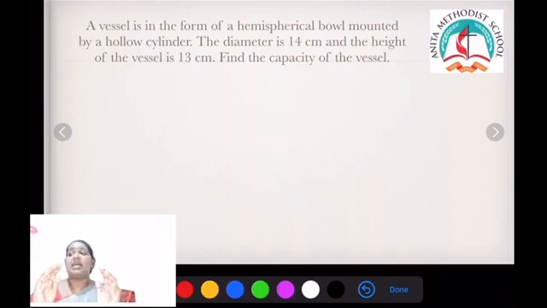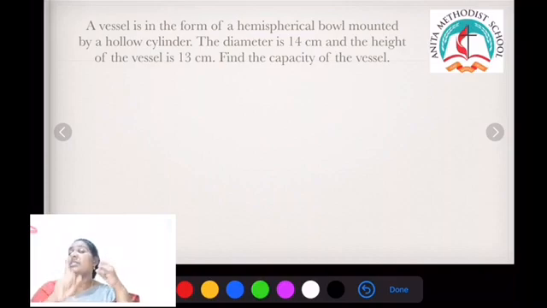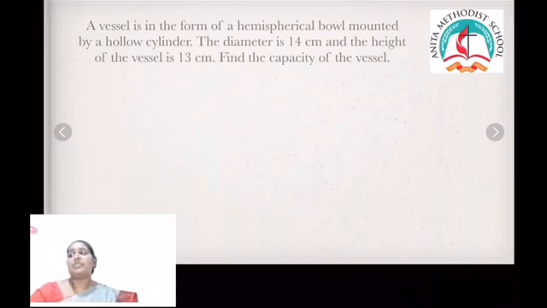It is a vessel, hemispherical bowl mounted by a hollow cylinder. Did you listen very carefully? Hemisphere plus hollow cylinder. The diameter is 14 centimeter, common for the hemisphere as well as the cylinder, and the total height of the vessel is 13 centimeter. Find the capacity of the vessel.